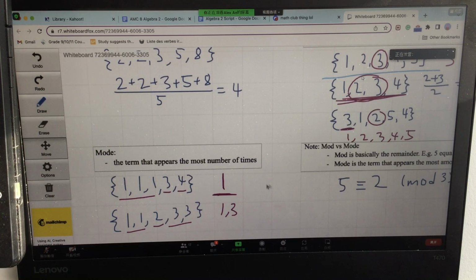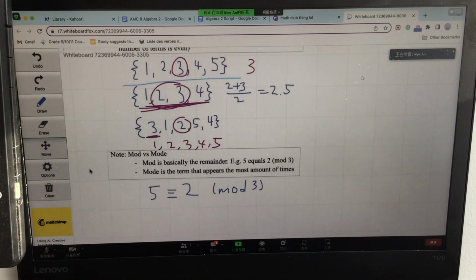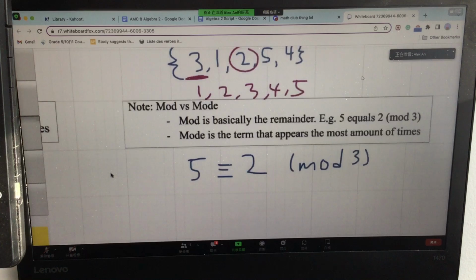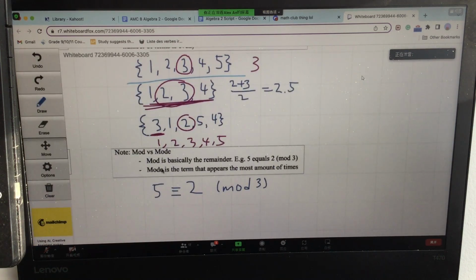I'd like to point something out about mode and mod. Mode is what we just talked about: the number that appears the most number of times. Mod is something else that you don't really need to know here. It's basically the remainder.